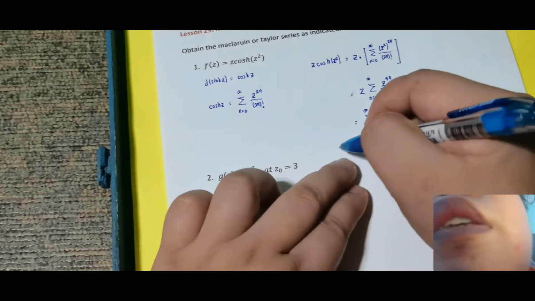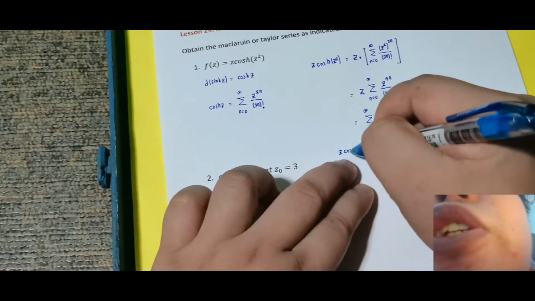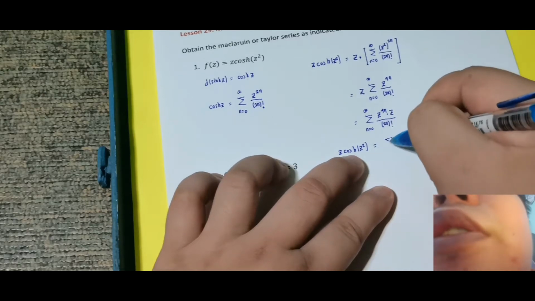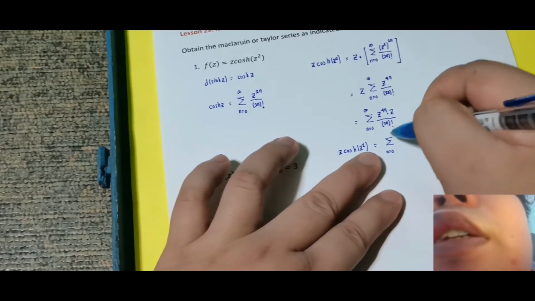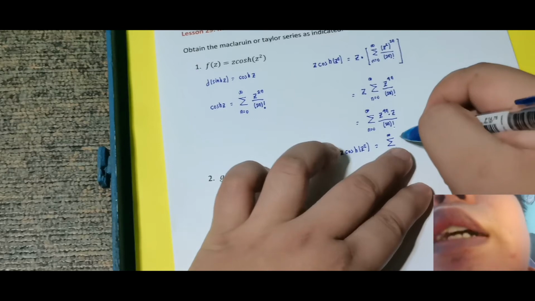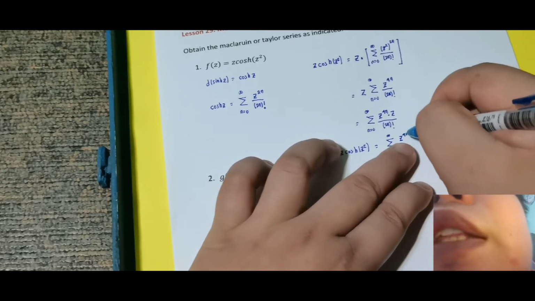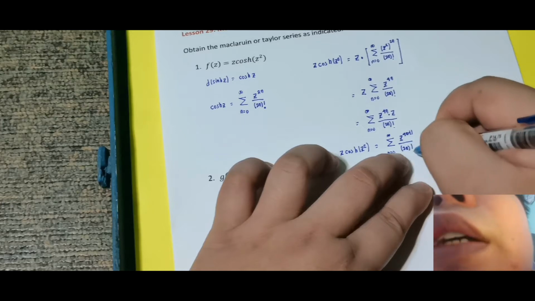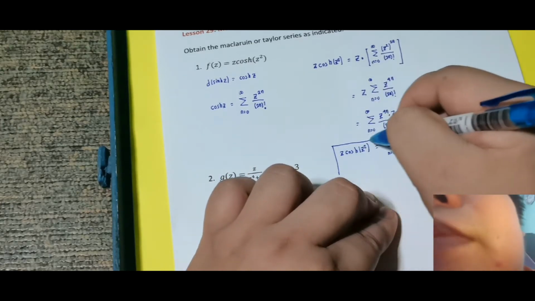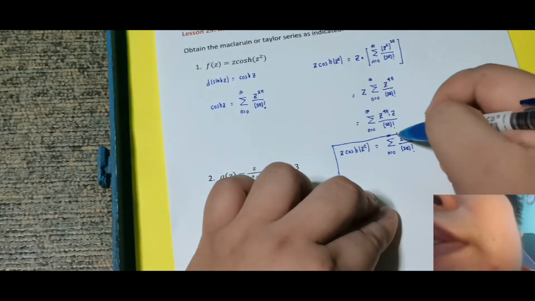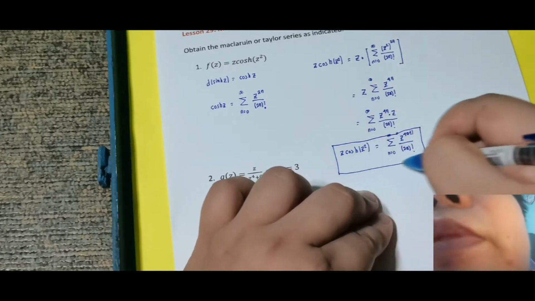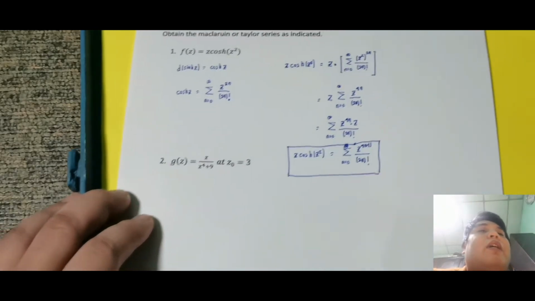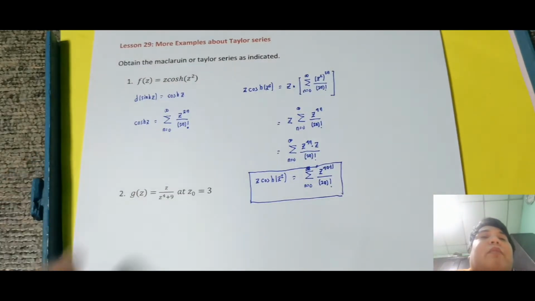Therefore, this is z cos of z squared is equal to summation for n is equal to 0 up to infinity ng z raised to 4n plus 1 all over 2n factorial. So therefore, ito yung kanyang Maclaurin series representation. Okay, so ganun lang gagawin nyo pag may ganyan.